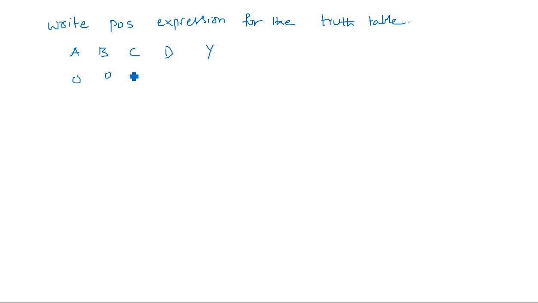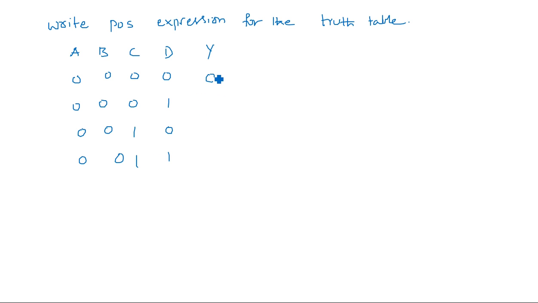Write product of sums expression for the truth table. So one truth table is given like this: A, B, C and D. This is output Y. 0, 0, 0, 0, 0, 0, 0, 1, 0, 0, 1, 0, 0, 0, 1, 1.